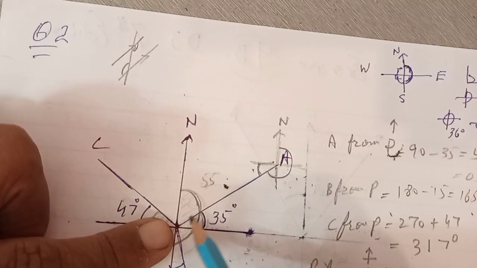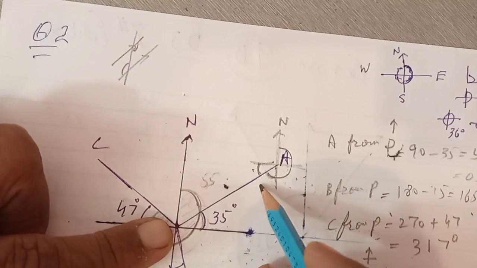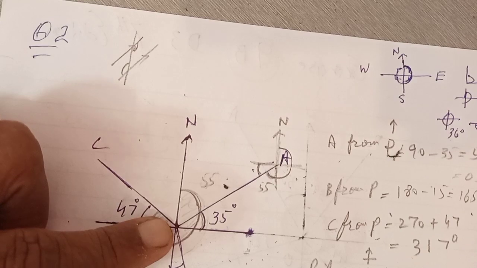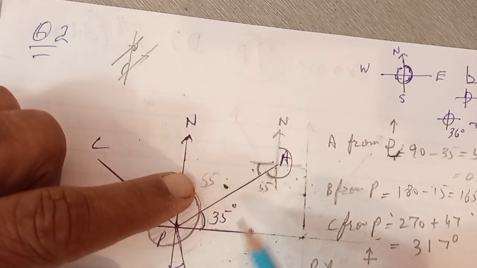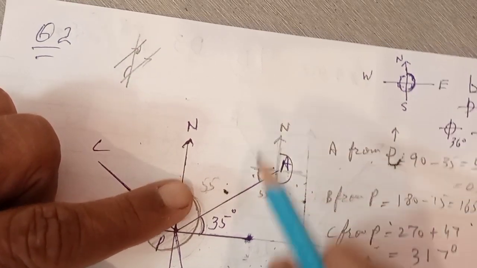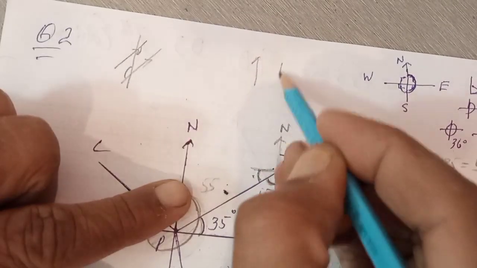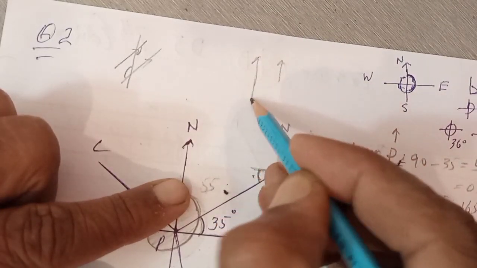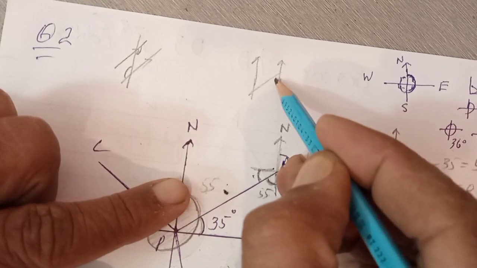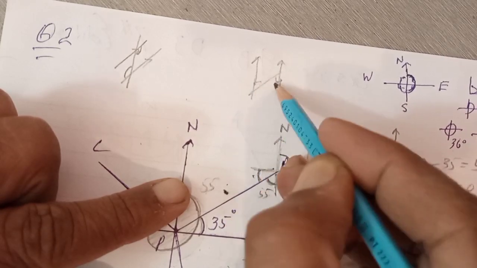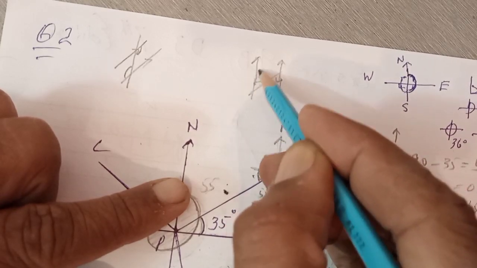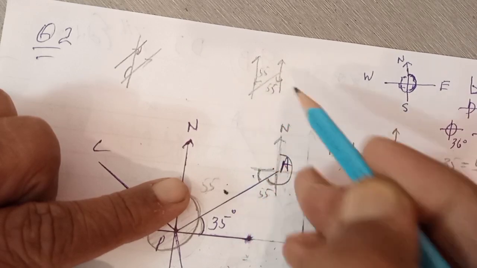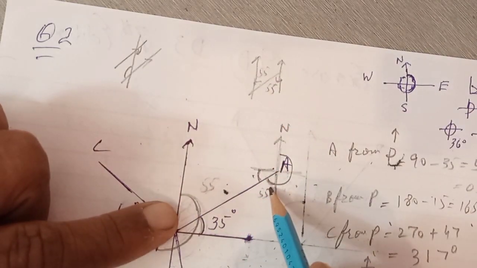If this is 55, its alternate angle over here is also 55. If I draw separately over here, these two are alternate angles, which are equal in value. This is 55, this is 55, and this is also 55.